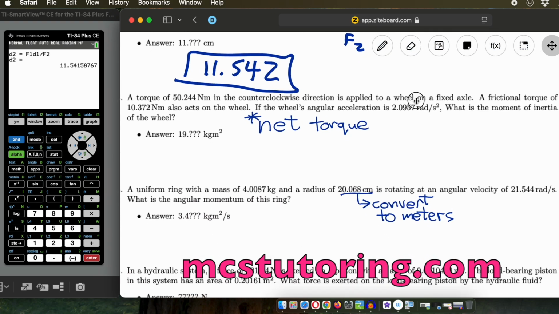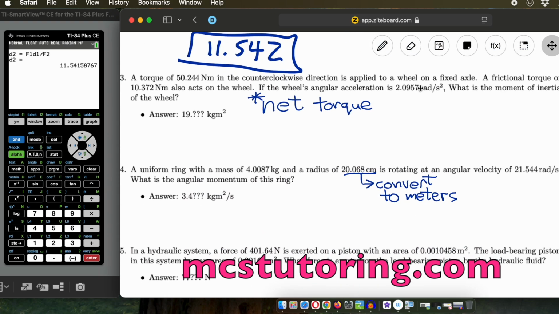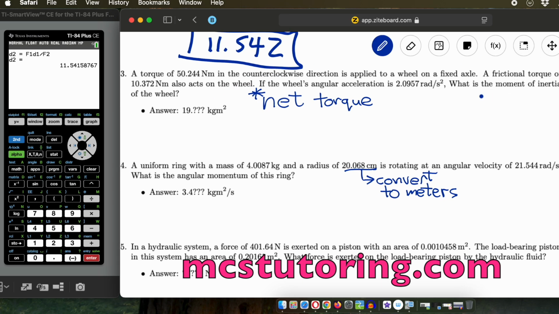Halfway finished with the first 4 questions of the worksheet. Now this one's a little trickier, so let me read it out first. Sorry if I didn't read out number 2. Number 3: a torque of 50.244 newton-meters in the counterclockwise direction is applied to a wheel on a fixed axle. A frictional torque of 10.372 newton-meters also acts on the wheel.